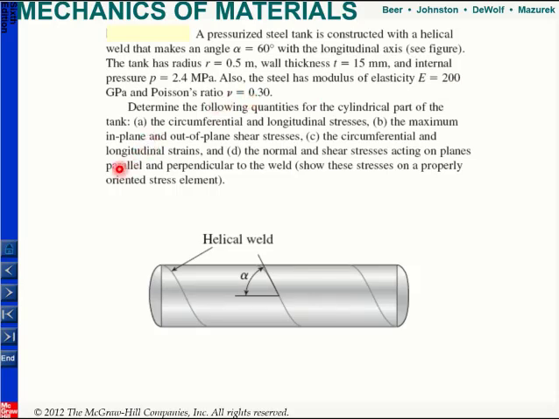We want to find the hoop or circumferential stress and longitudinal stress. We want to find our maximum in-plane and out-of-plane shear stresses, and we want to find strains, and also the stresses perpendicular to this weld line, and the shear stresses along this line.